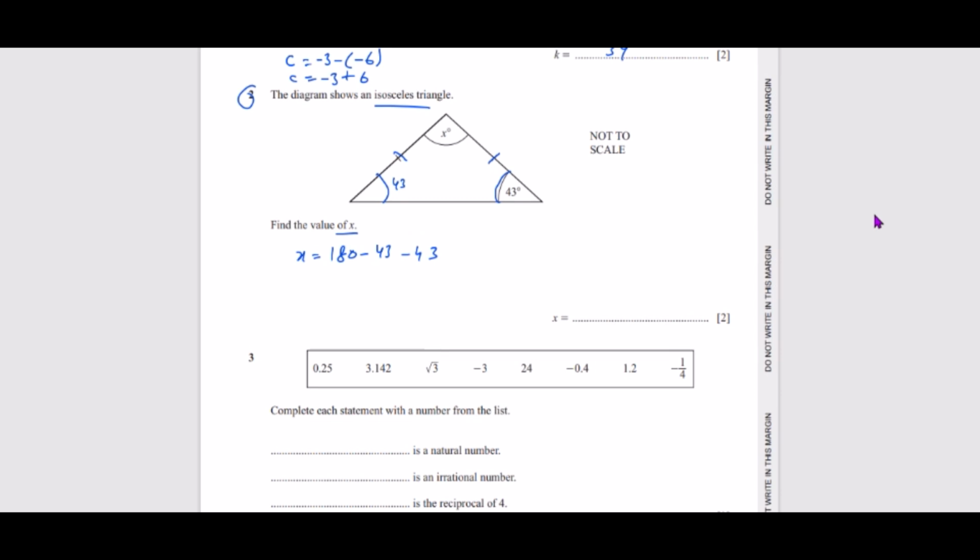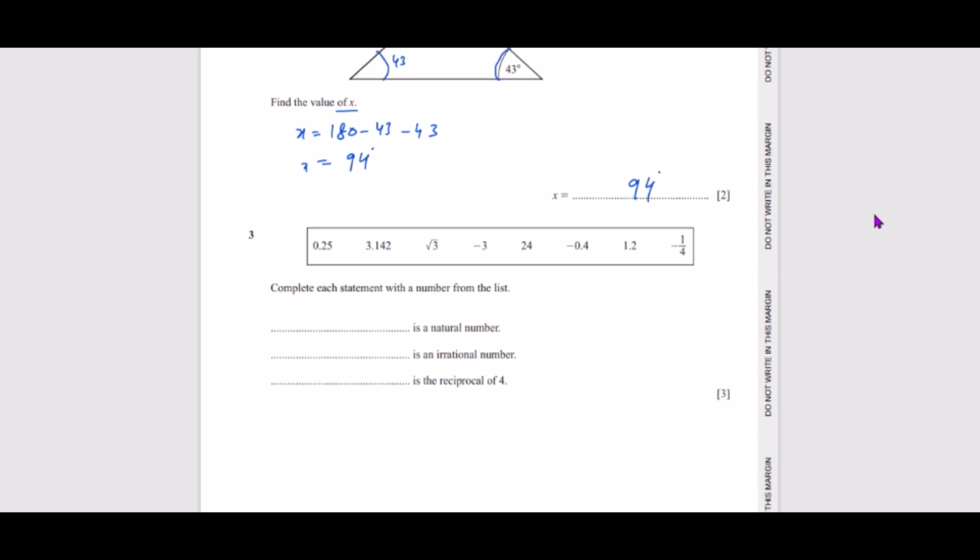So subtract these values: 180 minus 43 minus 43 is equal to 94. So x is equal to 94.